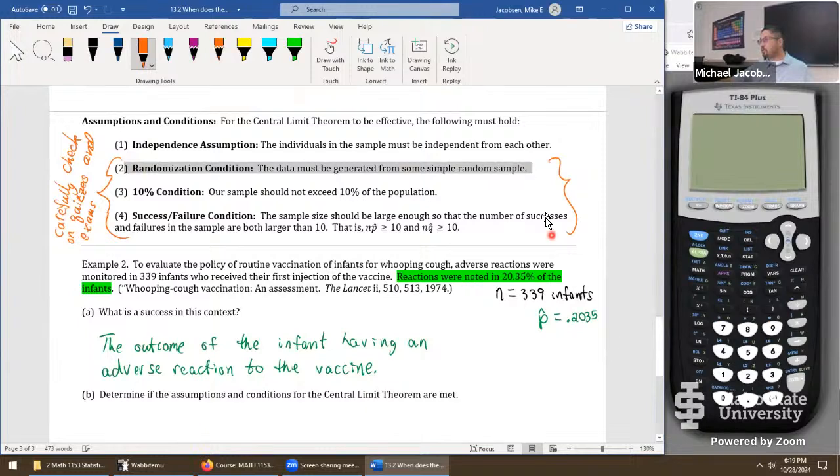Do we have any evidence or any indication of randomization? Doesn't really seem like it, right? It just says adverse reactions were monitored in 339 infants. No indication at all how they got those infants. We hope it was by random. They didn't just go to some hospital and grab everyone available and injected them.